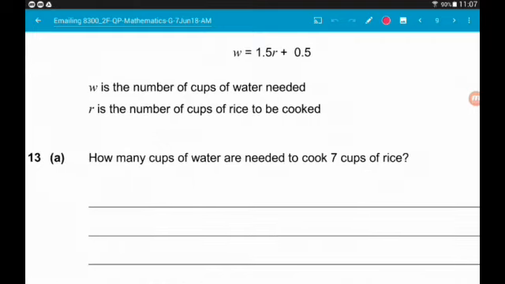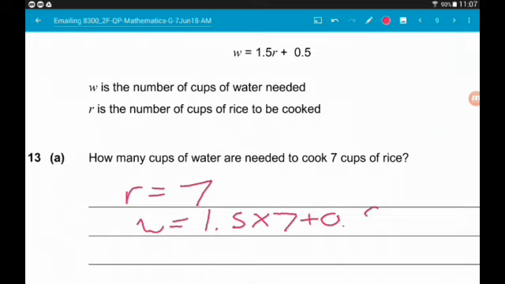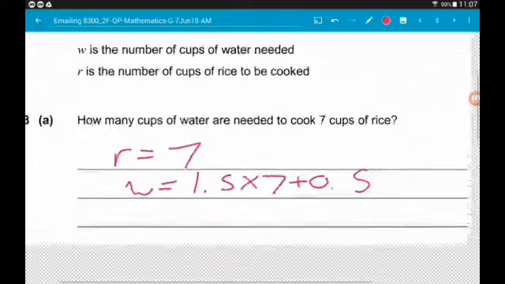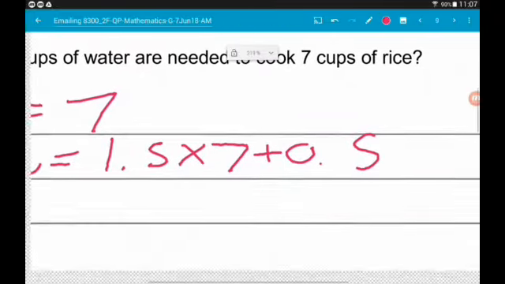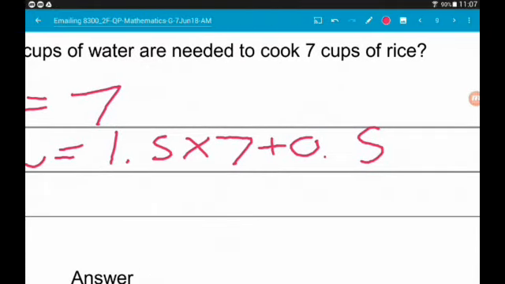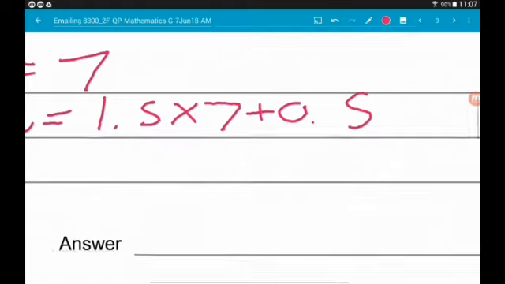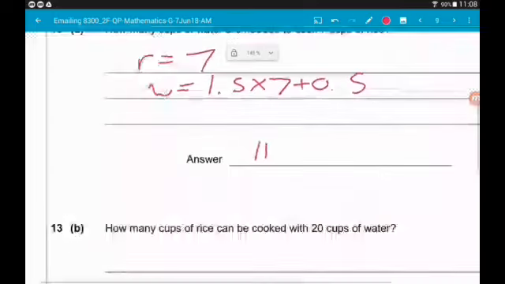So here R is equal to 7. So W is 1.5 times 7 add 0.5. 1.5 times 7 is 10.5. So add 0.5 and we get 11. Use your calculators, remember.